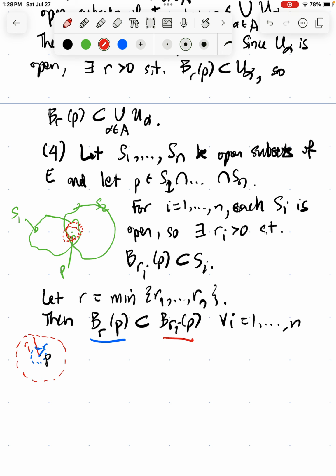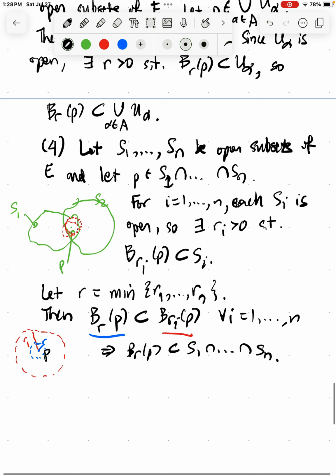So this open ball of radius R is contained in the ball of radius Ri for all i, and therefore it's contained in S1 through Sn, the intersection of S1 through Sn, which completes the proof. Okay. So more on open sets and closed sets later.